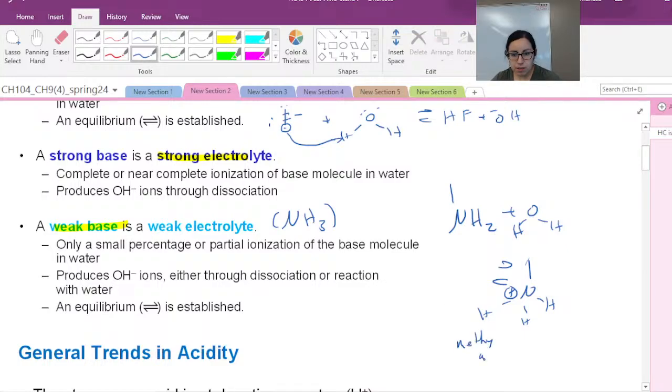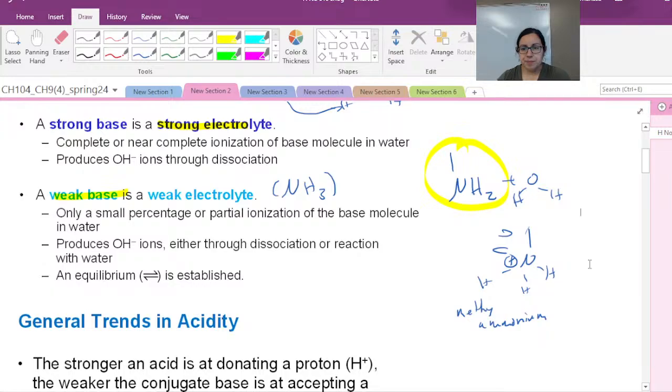We won't go into all the variations of this, but basically amines tend to be your weak bases. I can't really think of anything else that we would see.